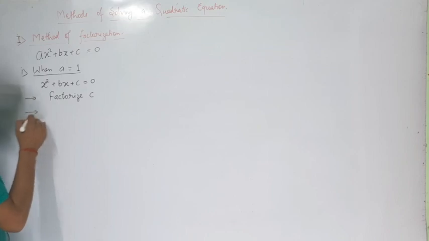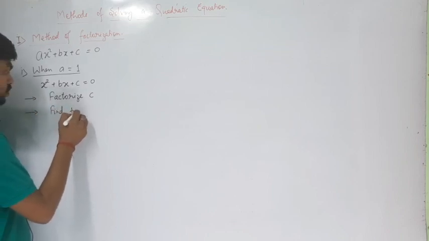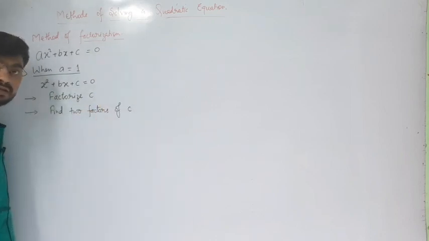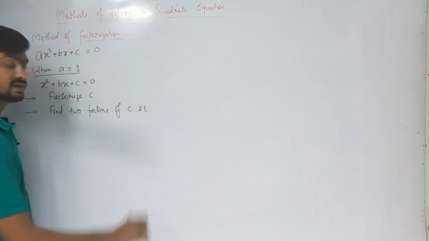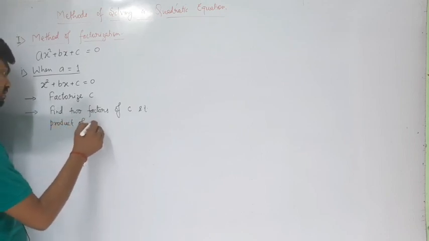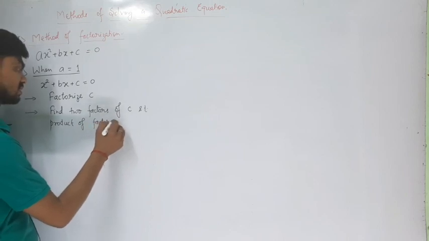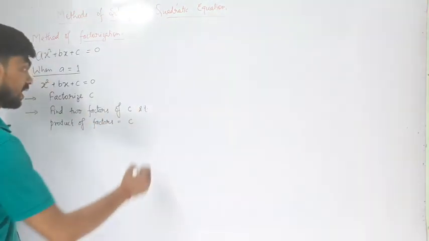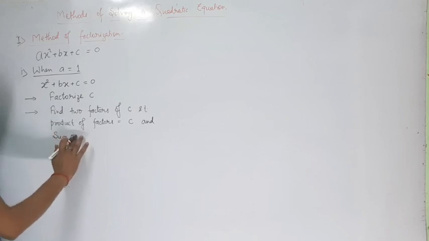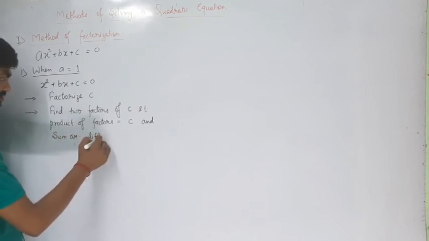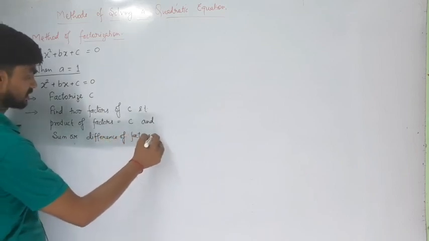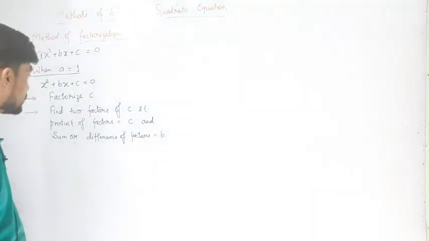Next, find two factors of c such that the product of the factors is equal to c and the sum or difference of the factors gives us b, the coefficient of x.